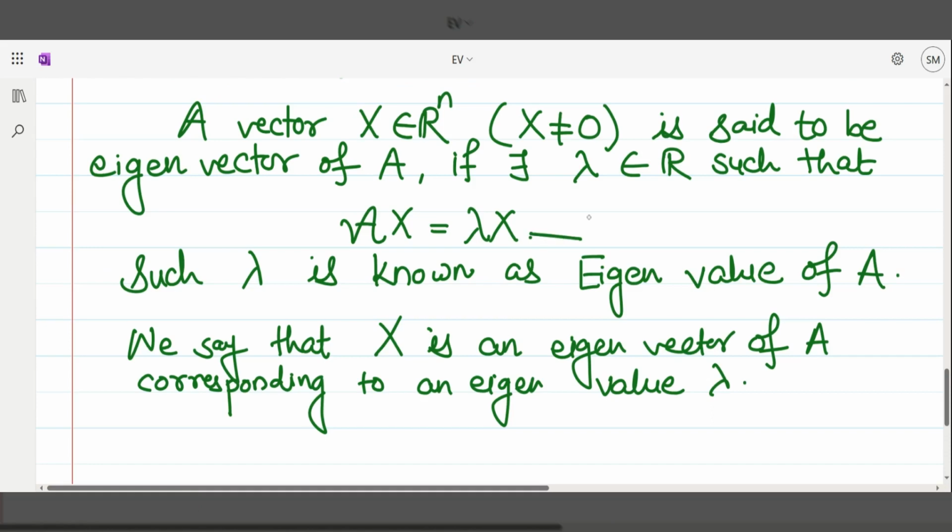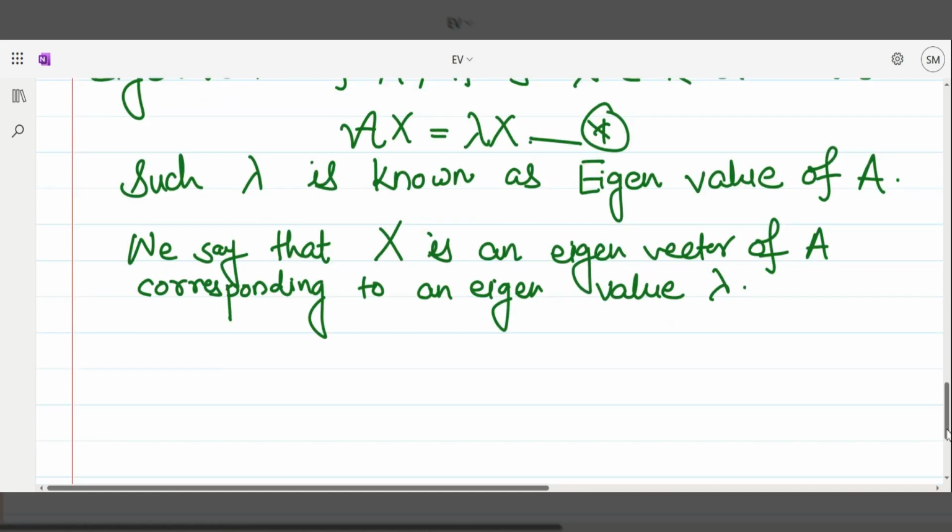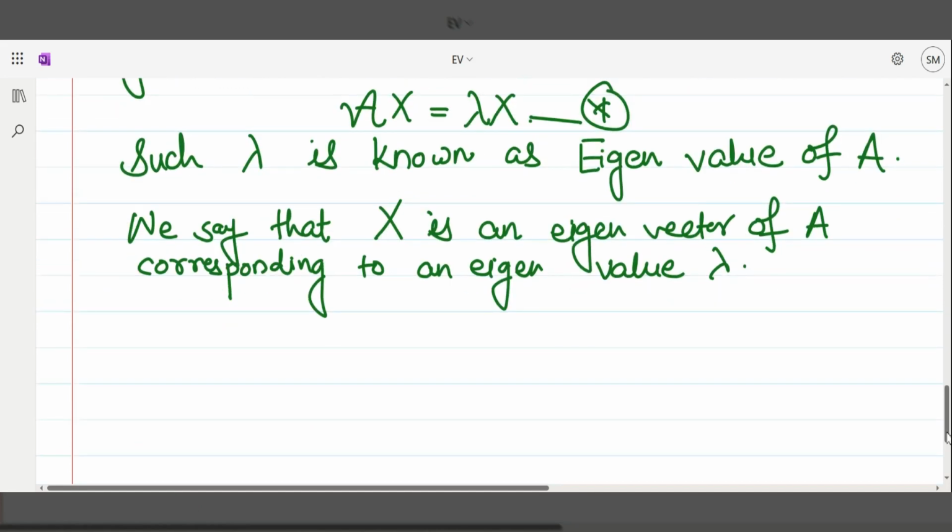So now, given a linear transformation and its standard matrix, the immediate question arises: how do we find such an x and such a lambda? So given a matrix A, how to find possible eigenvalues and possible eigenvectors? If I just look at equation star, let's try to find a standard algorithm to find x and lambda.